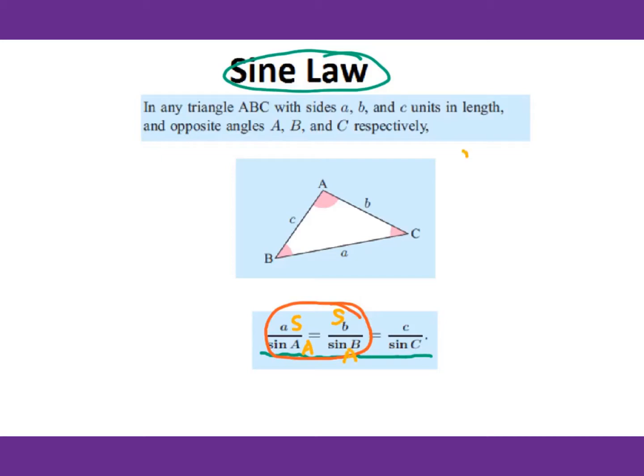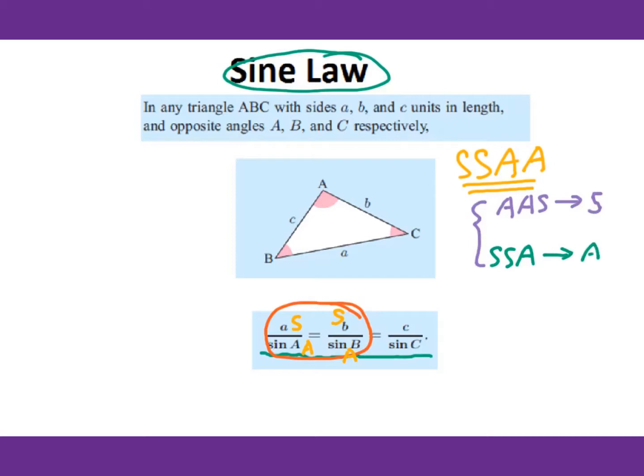Therefore, when we have an SSAA pattern, you are supposed to use sine law to solve. There are two situations. For one, if we are given two angles, one side, and looking for the other side, or we have two sides and a non-included angle, we're looking for an angle.